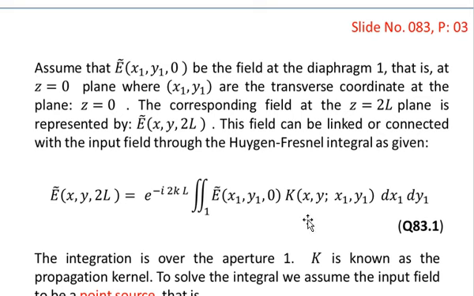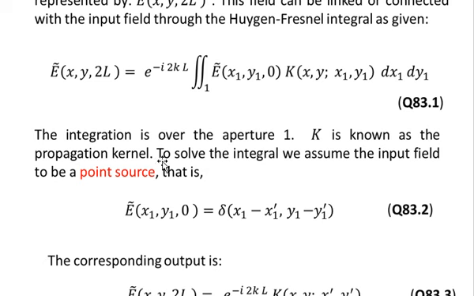So the Huygens-Fresnel integral connecting the output field with the input field is shown in equation number 1. The integration is over the aperture 1. Kappa is known as the propagation kernel.